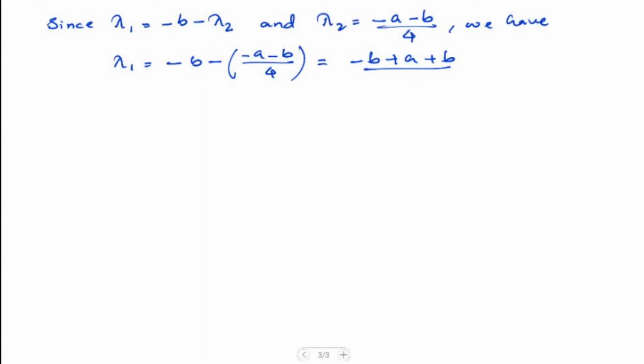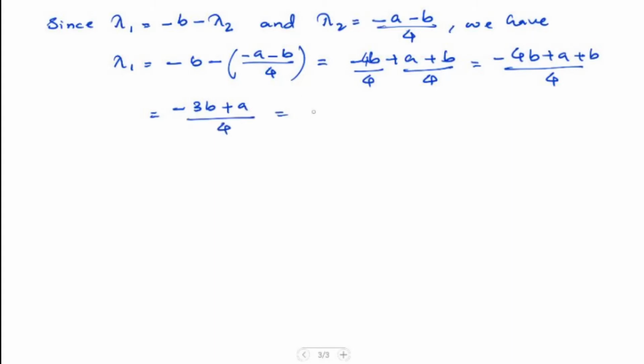Okay, here this part is divided by 4, so to make the denominator the same, to be making it divided by 4, here we have to multiply down by 4 and even above by 4 here. So that would be minus 4b plus a plus b divided by 4, and that is equal to minus 3b plus a divided by 4, which can be written as a minus 3b divided by 4.